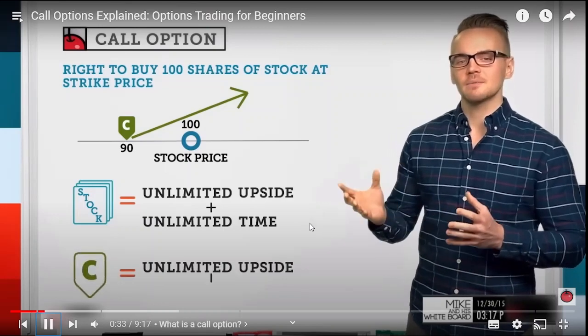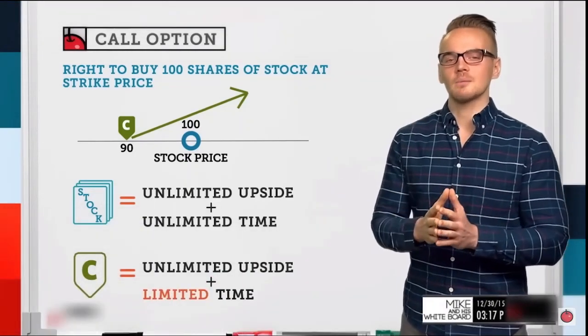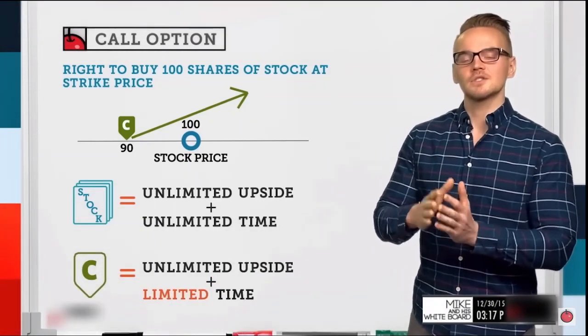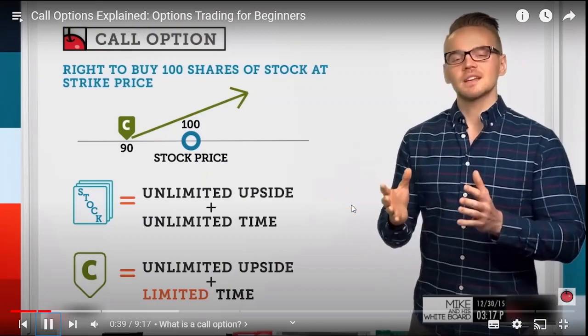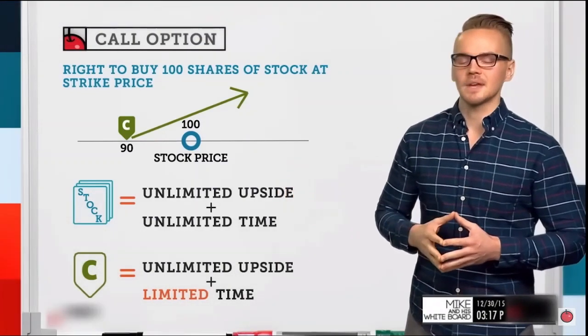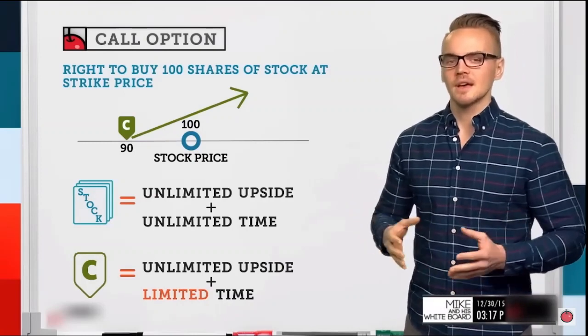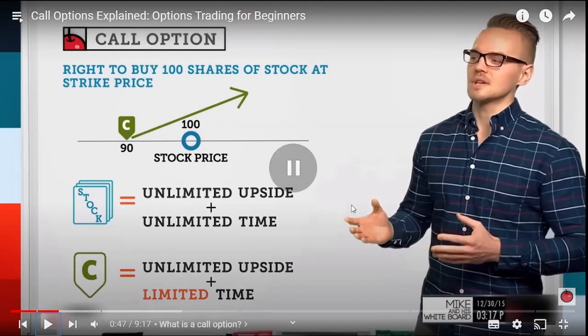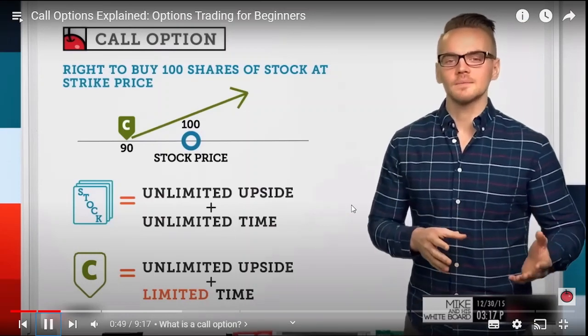So this may all sound pretty foreign to you, but if you understand how purchasing stock works, then it can translate pretty quickly. So instead of buying stock outright, which we see here has unlimited upside and unlimited time involved, instead what we do is we would look at buying a call. Então, ao invés de comprar ações, né, que é na compra de uma ação, a chance de alta é ilimitada e o tempo que você pode ficar com a ação também é ilimitado.